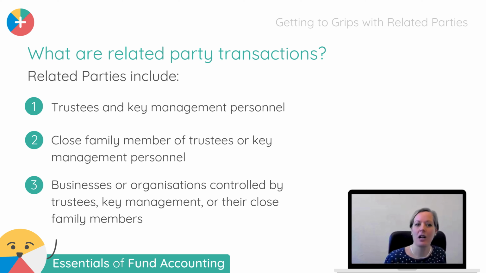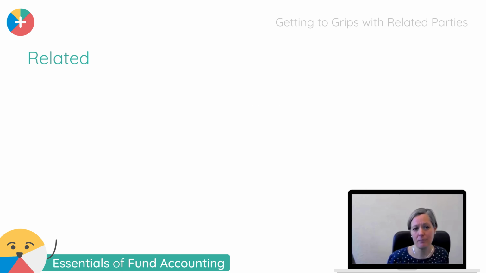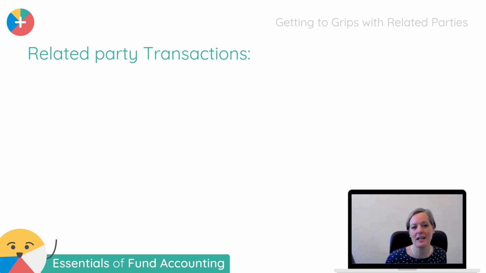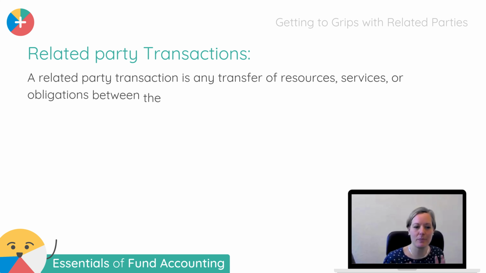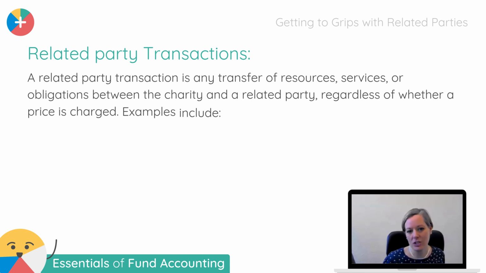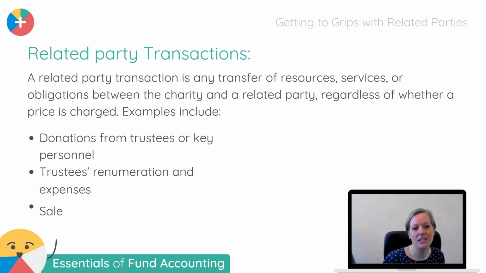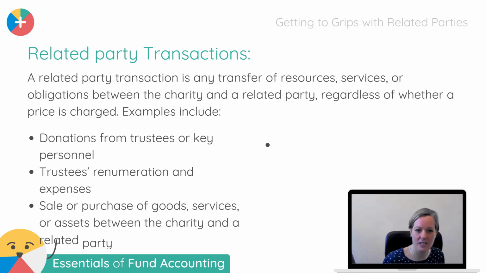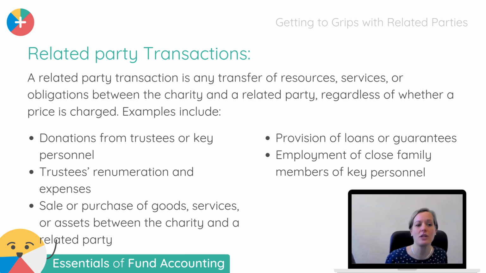So if a close family member was a trustee of another charity, again, that would still be included as a related party. And we cover all the transactions between those parties: donations, remuneration to trustees, sales of goods and purchases of services, etc. All the transactions that go between these related parties will be disclosed.